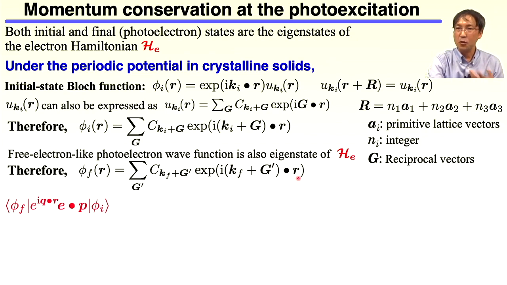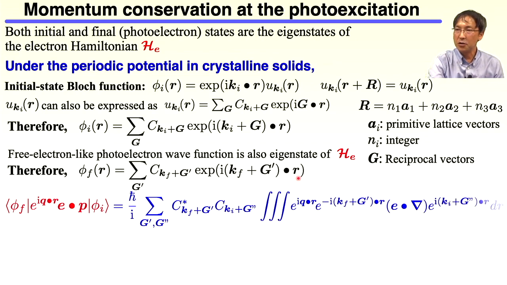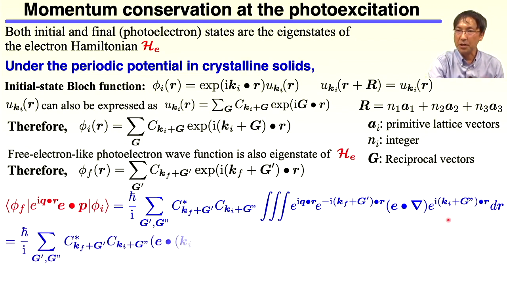Then, the transition probability E dot P term is calculated as this formula from the above G formula. Here the reciprocal vector G in the initial state wave function is replaced by G2'. The gradient of the exponential function is easily obtained.